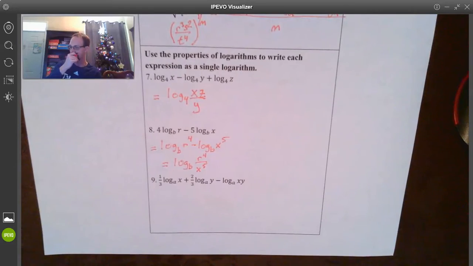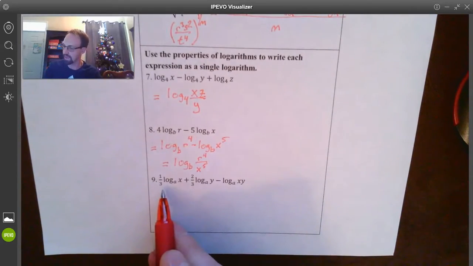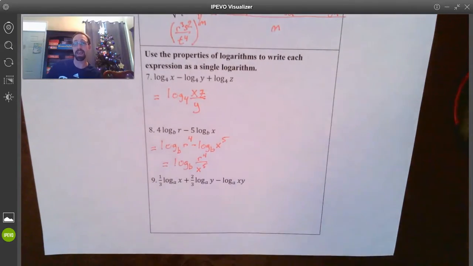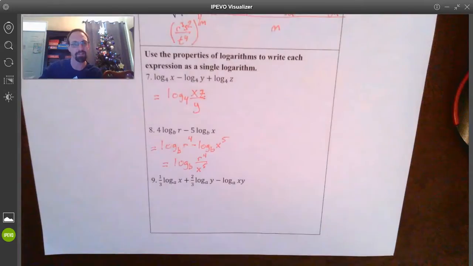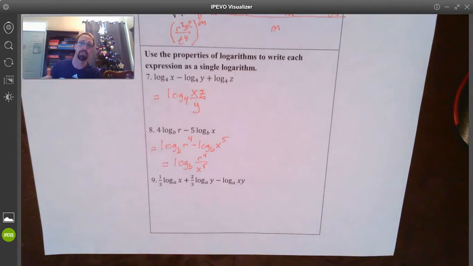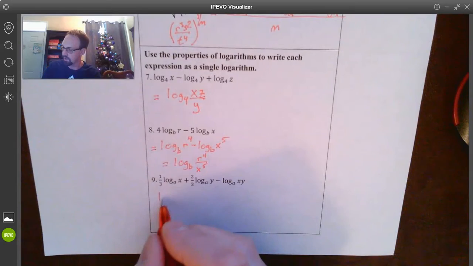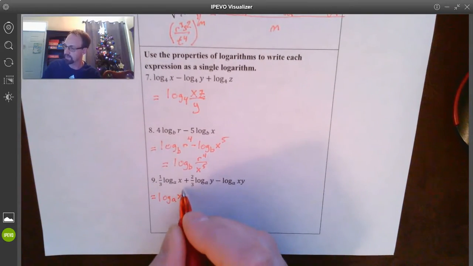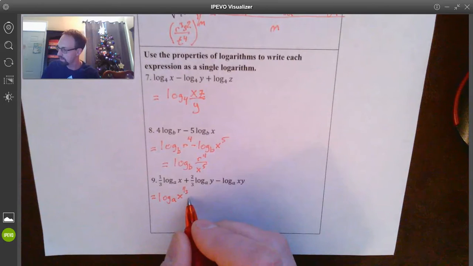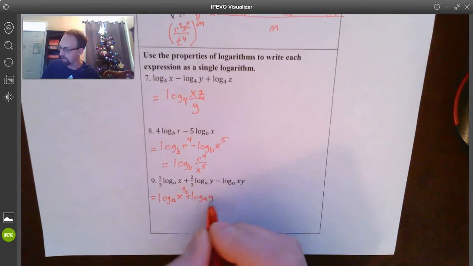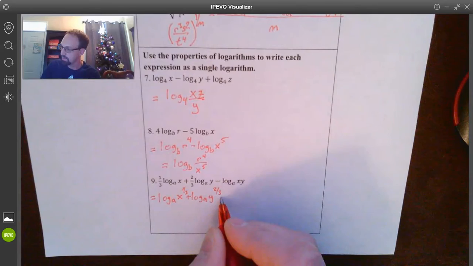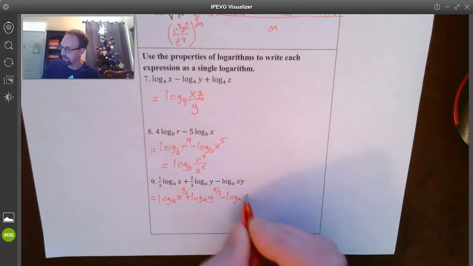Now for this last one, whew! Got a lot of things going on here. All of these have the same base, and because they have the same base, we can use these properties. So be careful to note that all of these have the same base as we go through. So this is log base a of x to the 1/3 plus log base a of y to the 2/3 minus log base a of xy.